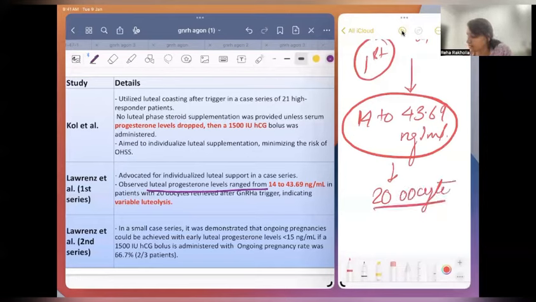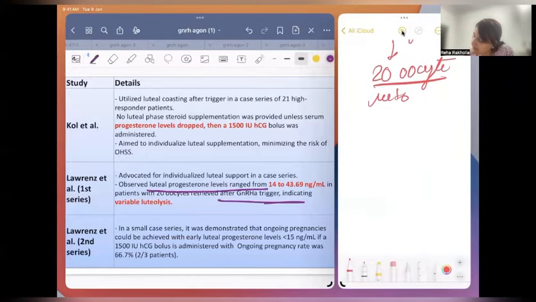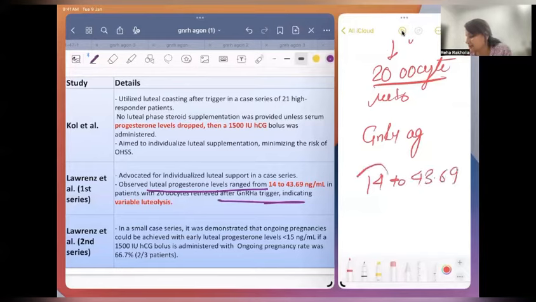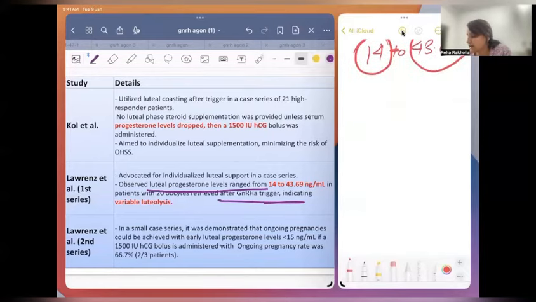Even if 20 oocytes were retrieved, the level of progesterone was from 14 to 43.69 after GnRH agonist triggering, indicating variable luteolysis. See, there is so much difference, 14 to 43.69. So there is variable luteolysis.